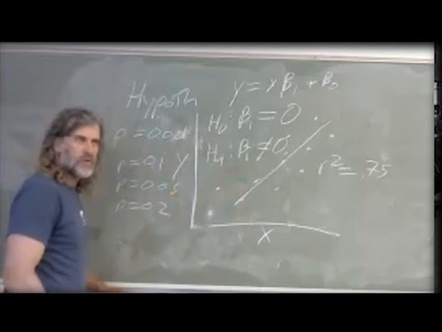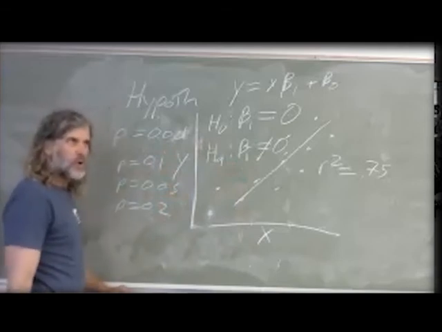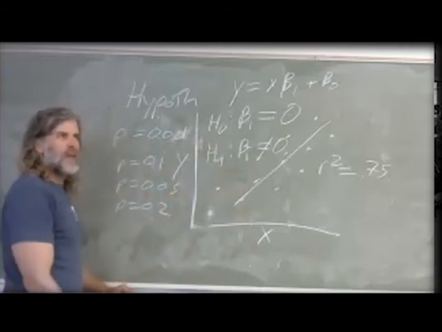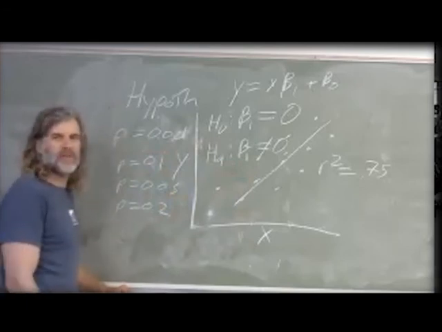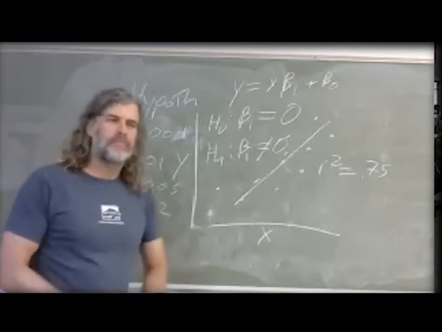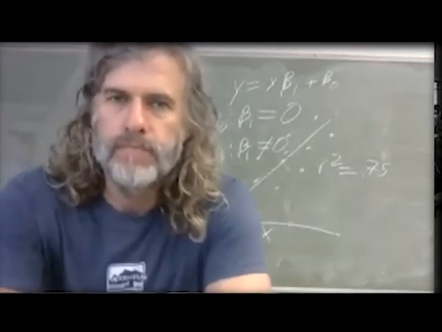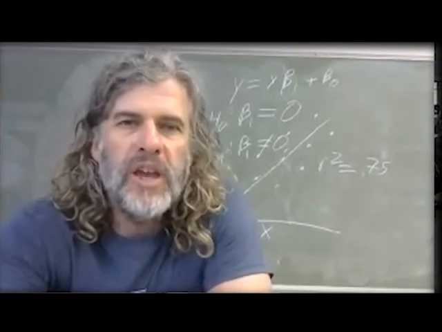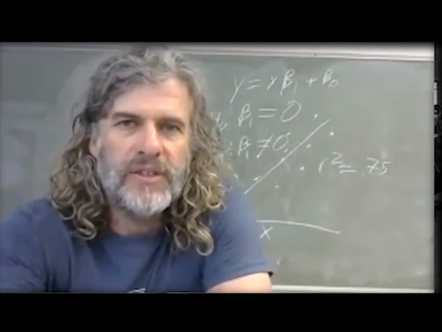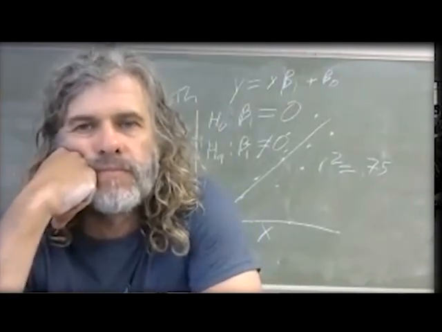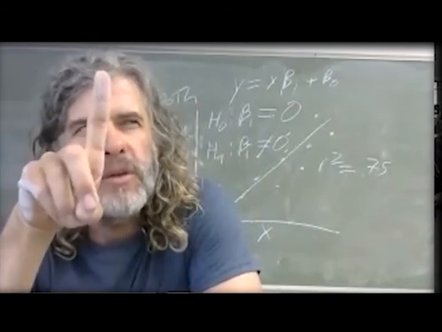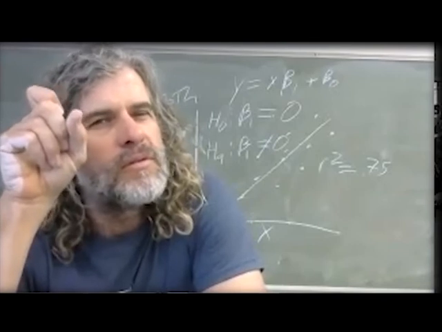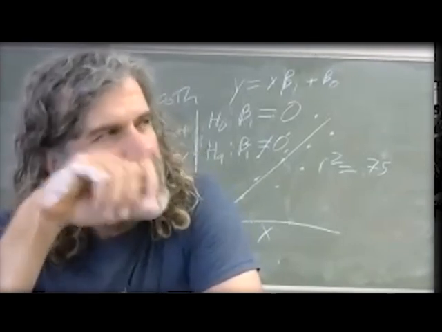So those of you who have taken statistics, and I think it's all of you, when do you think you would have sufficient evidence to reject the null hypothesis? When the p-value is greater than 0.05? Greater than 0.05? Less than 0.05. Less than 0.05. Okay.